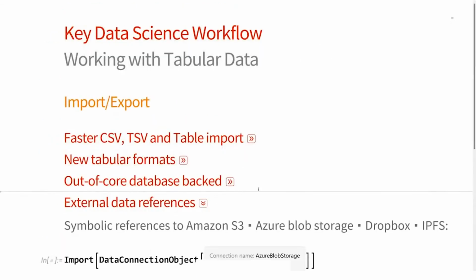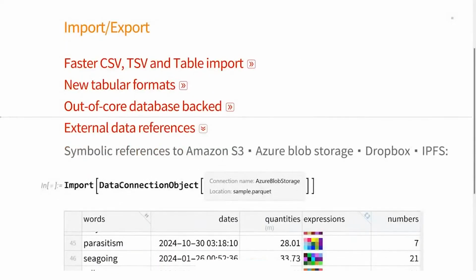Relatively small, but also a nice bit of convenience, is a new symbolic representation of data stored in distributed and remote file systems. Basically, it's a package of credentials. So you can set up a data connection object that has the information it needs to reach into the Amazon S3 bucket or Azure blob storage and fetch out information.